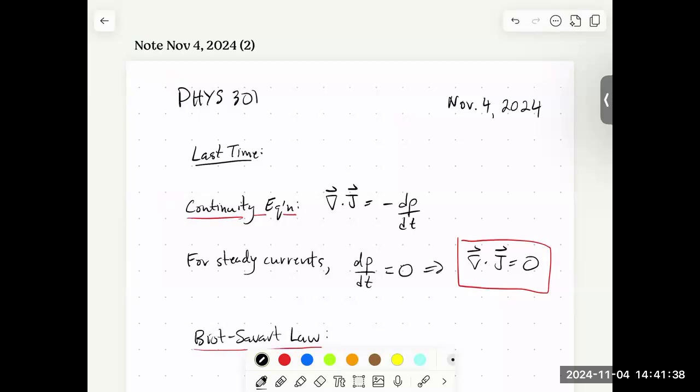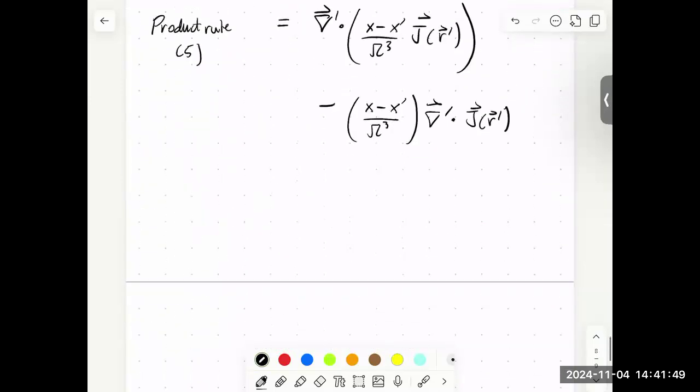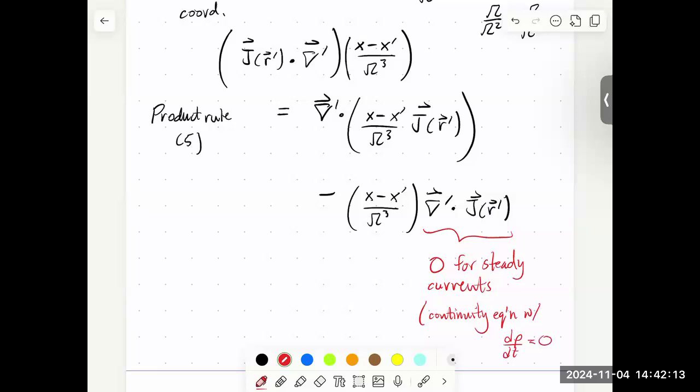And for steady currents, the charge density is a constant. And so the divergence of J is 0. So that's exactly right. And so this one will be 0. This is 0 for steady currents. It's the continuity equation with d rho dt equals 0. All right, good.